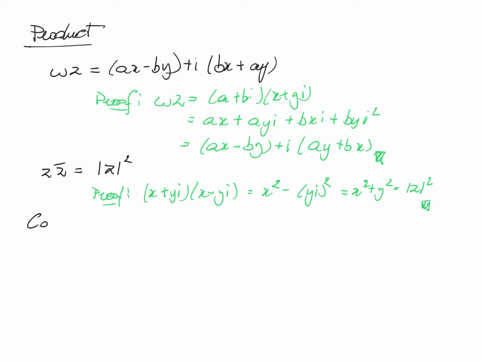Furthermore, the product is also commutative. So if I do z times w or w times z, it doesn't matter. It is associative. So the order of the multiplication doesn't matter.